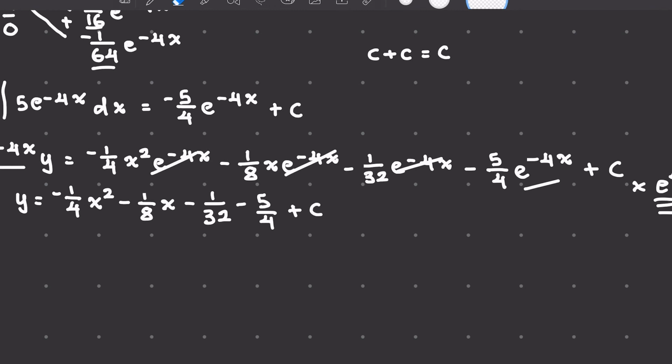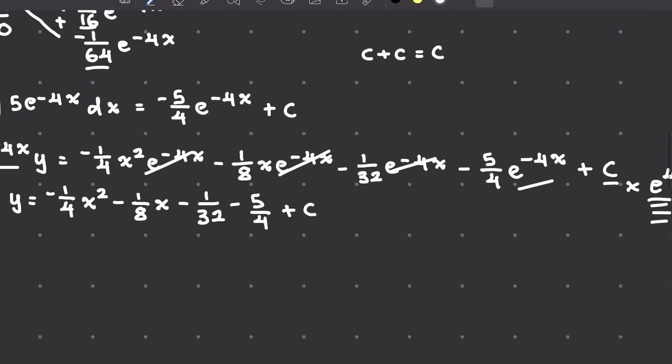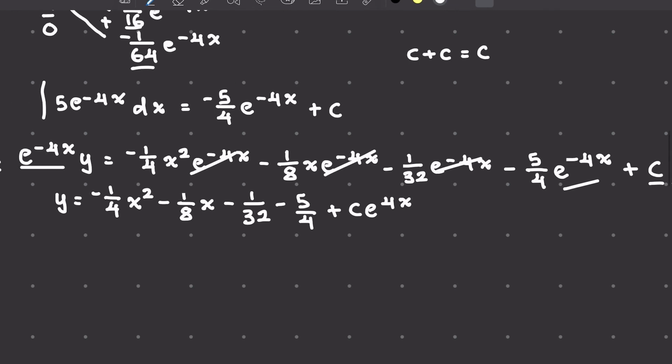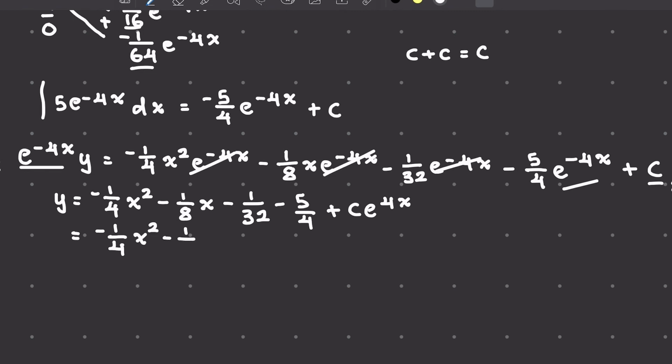And we're going to multiply c here with our e to the power of 4x, and so this will give us c times e to the 4x. And if we simplify this equation, it will be negative 1 over 4 x squared minus 1 over 8 x minus 1 over 32 minus 5 over 4, which is minus 41 over 32.